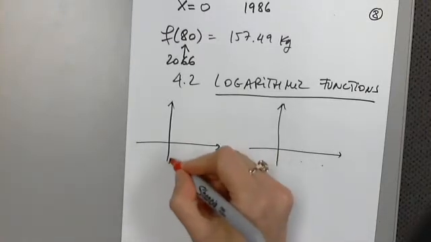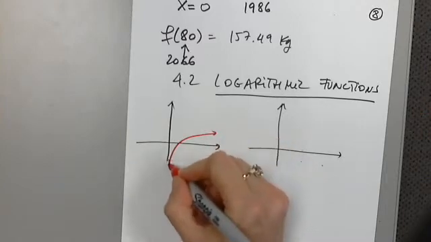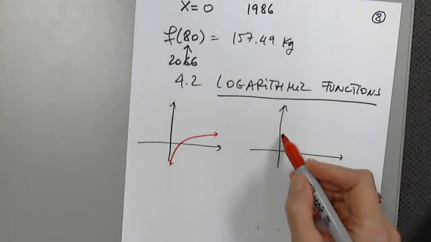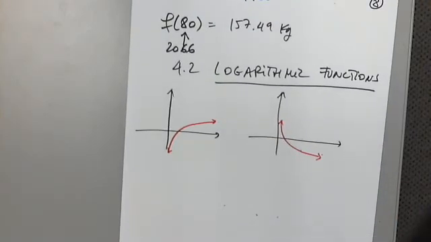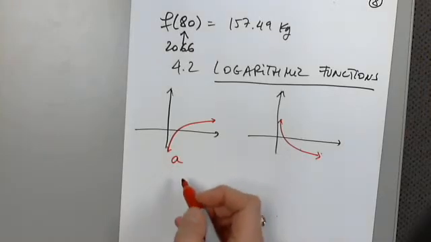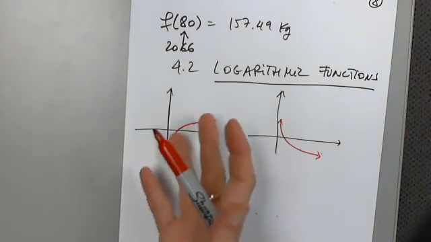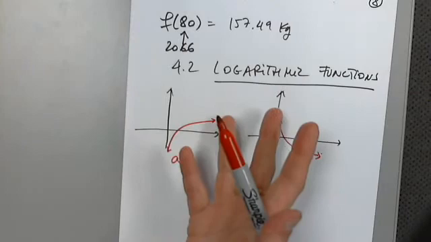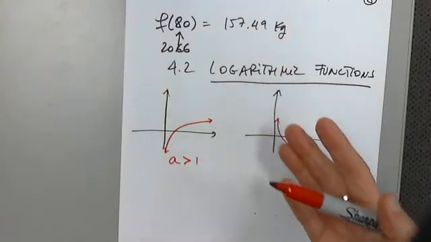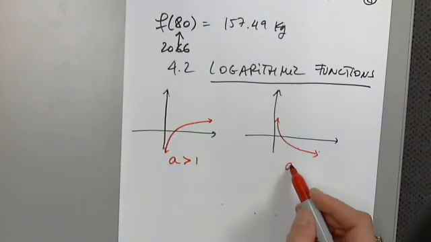As the inverse of the exponential, we graphed one like this, and we graphed one like this. What is the base here? If it's increasing on all its domain, it must be greater than 1. If it's decreasing on all its domain, it must be between 0 and 1.